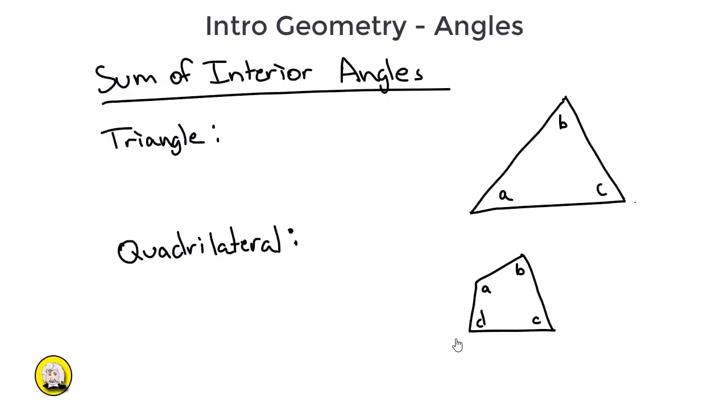transversals. The angle theorems we just discussed, opposing vertical angles, angles along a line, alternate interior angles or transversals, they go hand in hand on many problems on the exam with the sum of interior angles of a few common shapes. And we'll look at two of them in this lesson, the triangle and the quadrilateral.